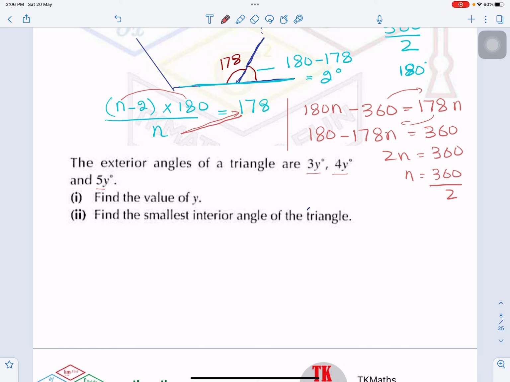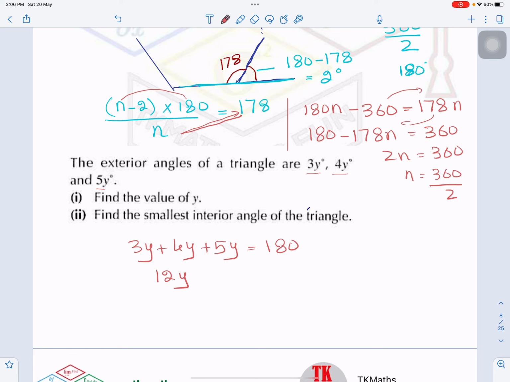Because the sum of the exterior angles is 360, so you will do 3y plus 4y plus 5y is equal to 360, right? Because again same thing, now add them up. 4 plus 3 is 7 and 7 plus 5 is what? 12.